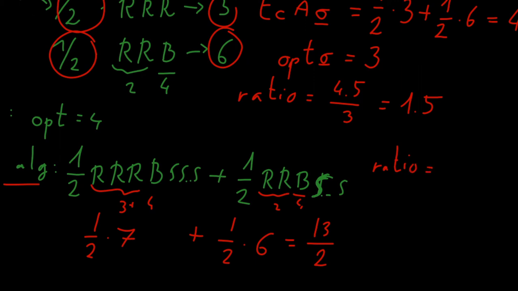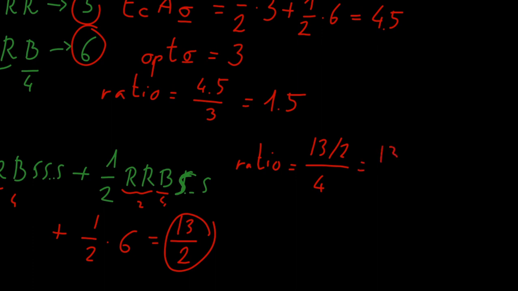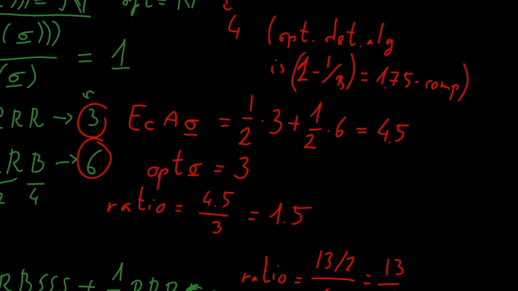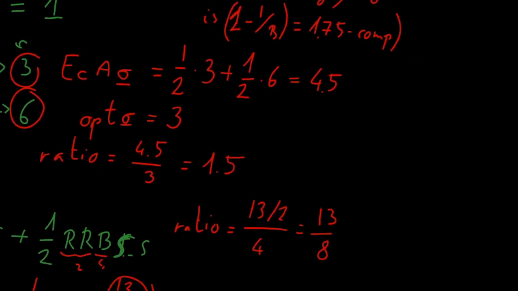And then the ratio is 13 over 2, this guy here, divided by 4, the optimum value, which is just 13 over 8. Now for these cases, but here we had a ratio of 14 over 8 for the deterministic one, and here we have what?